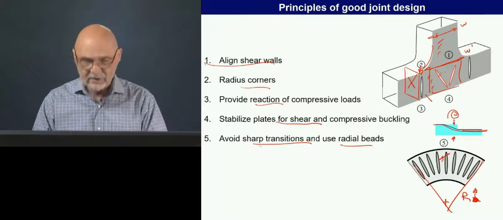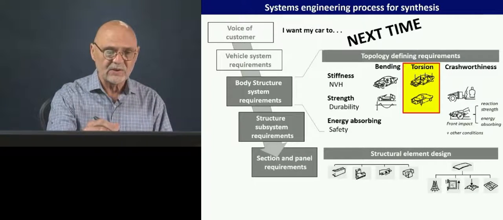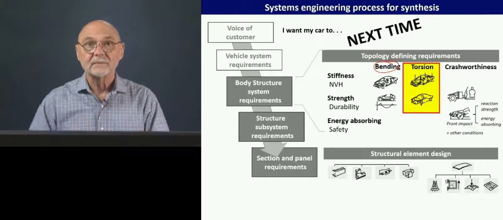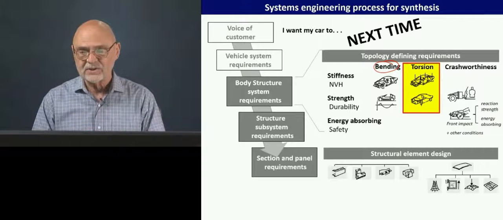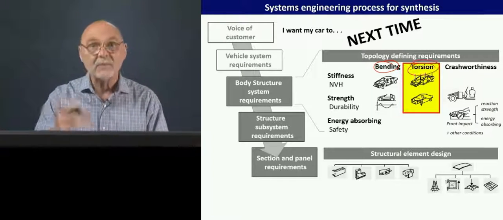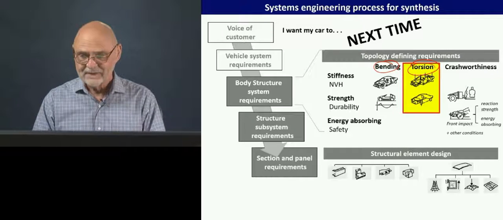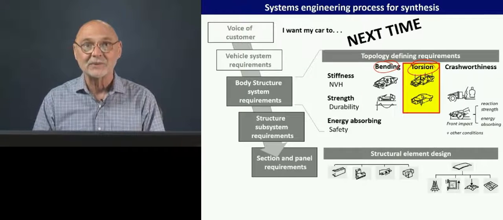Where are we going to go from here? What we've done is use the systems engineering process to flow down requirements for bending. And what we're going to look at in the next few sessions is doing the same process, but for torsion. Okay, so that's where we'll be in the next couple of sessions, and we'll see you then.